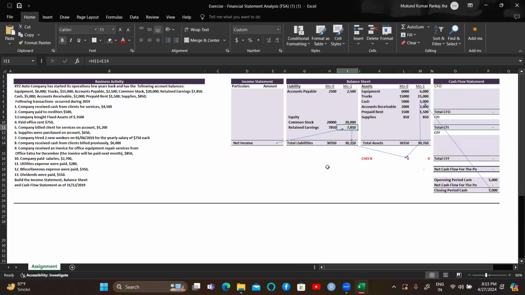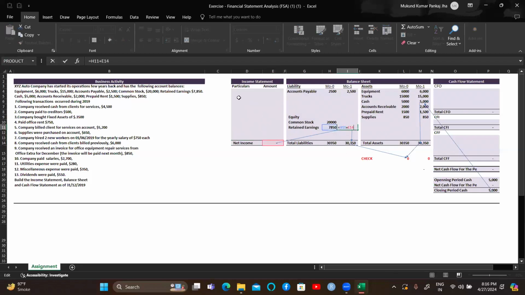Now you need to understand why always assets and liabilities get matched. Since forever, assets and liabilities are getting matched, because everything happening in the income statement is reflected in liability through retained earnings.